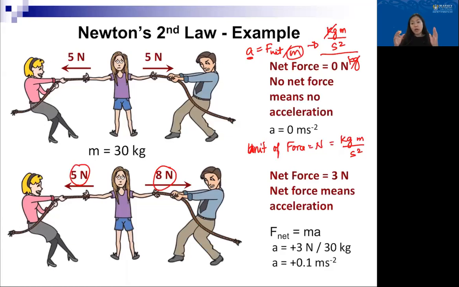As long as your mass is in kilograms and your net force is in newtons, then automatically the acceleration will be in meters per second squared, and you don't have to worry about expanding newtons and doing this calculation for the unit of acceleration.